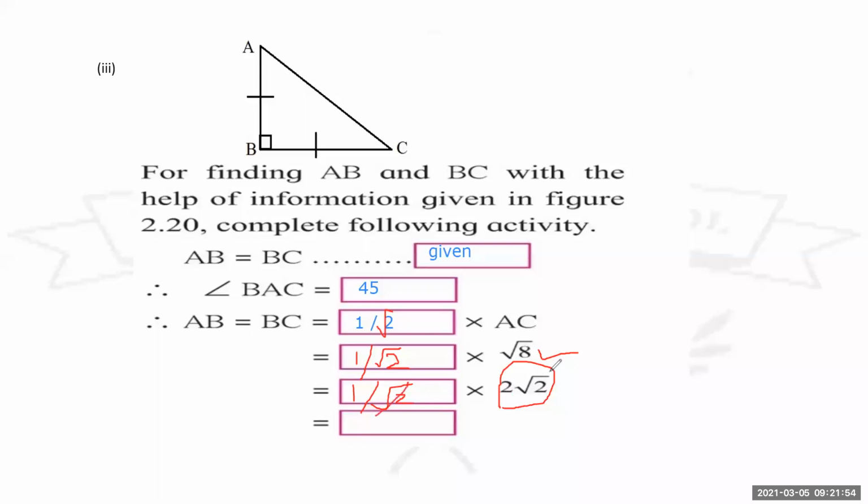This root 2 and this root 2 get cancelled off. So what will you be left with? 1 into 2, which is 2. Is this clear to all the students? Very easy question. Let's move ahead to the next activity.